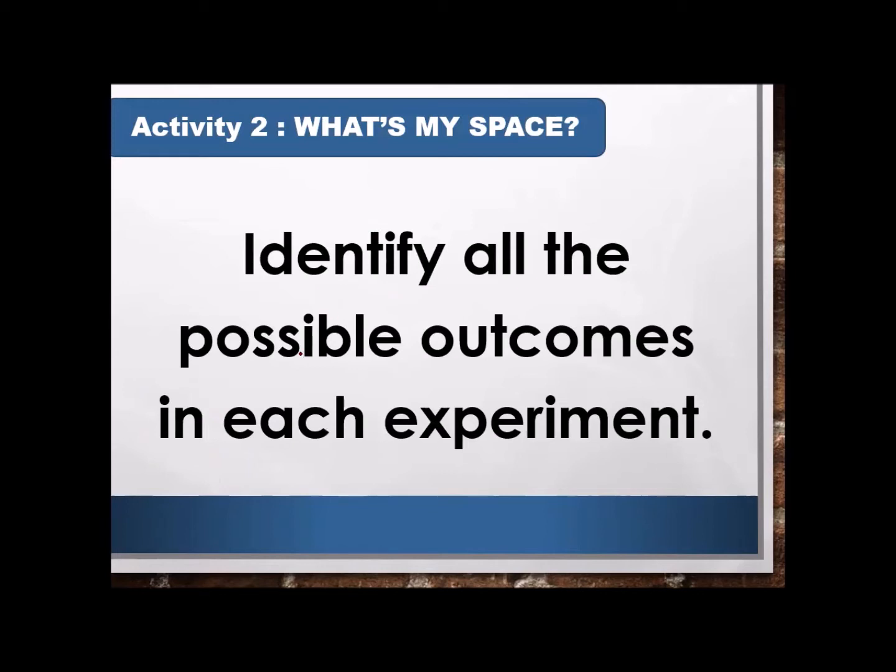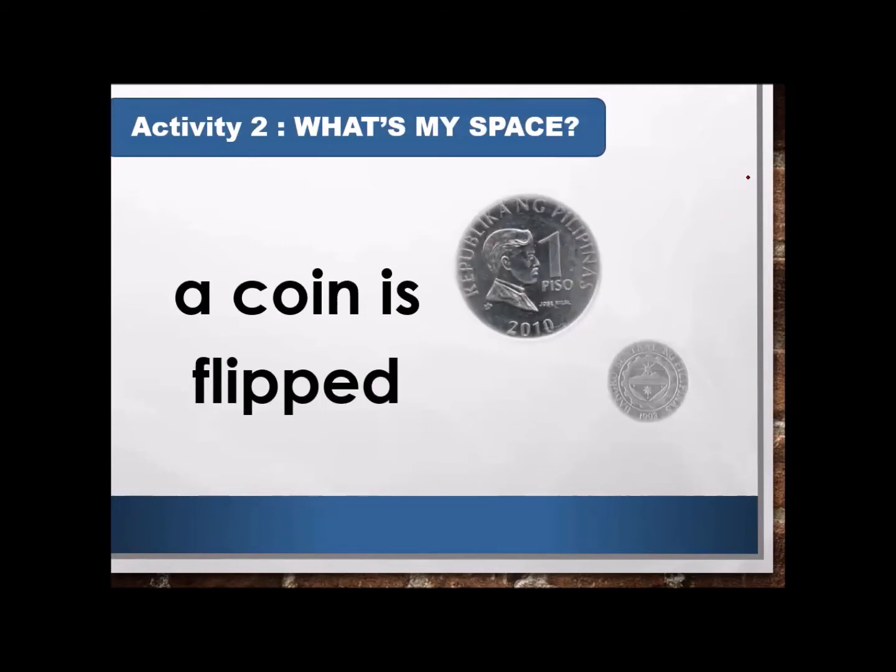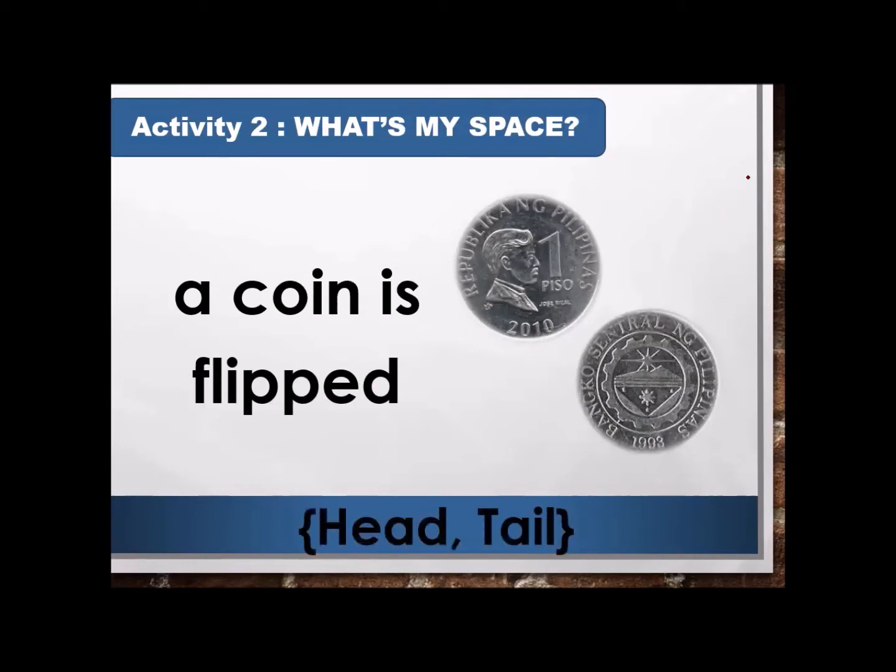So, yung term na all possible outcomes, in probability, that is what we call the sample space. So let's start. A coin is flipped. Flip mo yung coin. Ano yung mga possible faces niya? So we have here the head and the tail. Okay, so these are the sample space, the head and the tail.